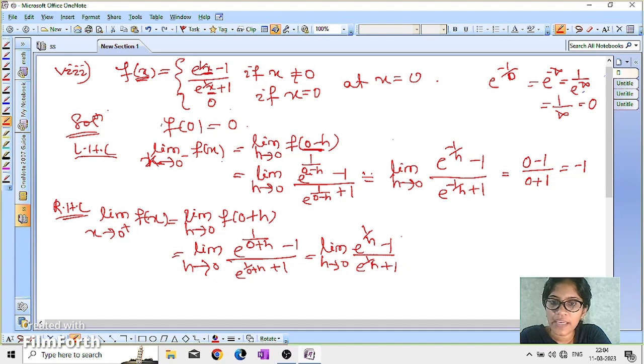Here 1 by h, that means 1 by 0, which is e to the power infinity.